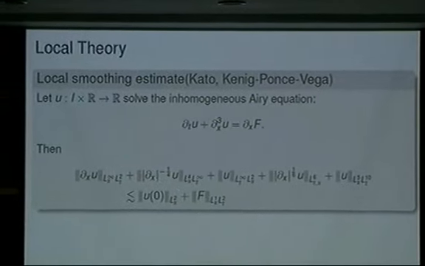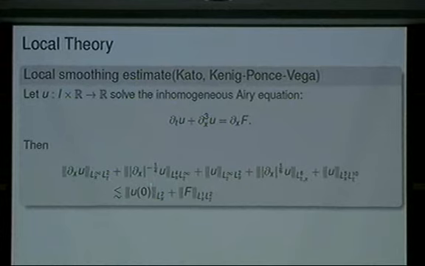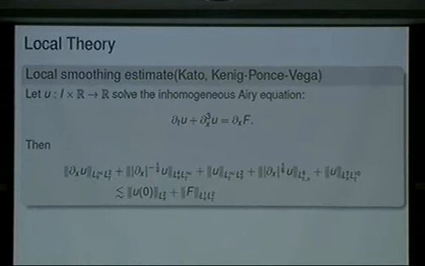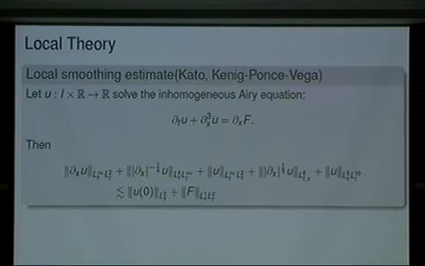And the second estimate is another form of the Strichartz estimate, but we integrate in time first. The proof of this is very similar to the proof of the Strichartz estimate, but in one space dimension, because the space dimension is 1 and the time dimension is 1, we can switch the role of space and time, and then applying the same argument, we can obtain such an estimate.